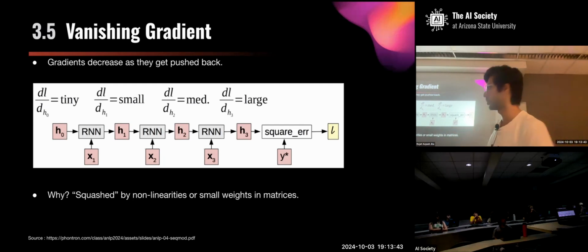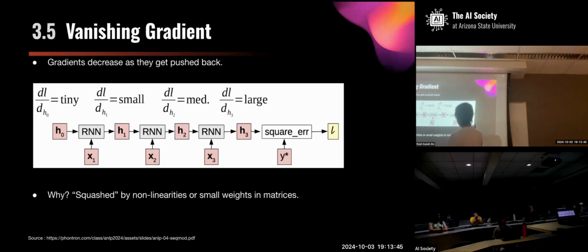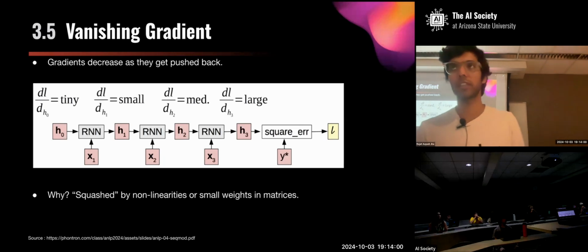For exploding gradients there is a solution: you can clip it or normalize it. But vanishing gradient is a bigger problem because you don't know what to do. You can't normalize it because it's already very, very small.